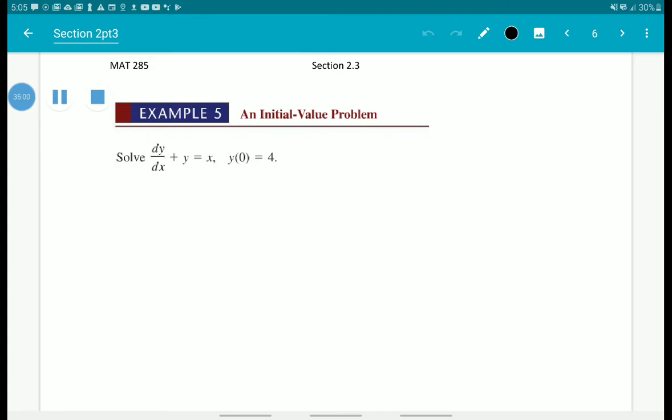So let's do an initial value problem. This is going to allow us to find that C value. So we're getting a particular solution here. Okay, notice this is already written in standard form or proper form because we've got a 1 in front of that dy over dx. So we're going to start by finding the integrating factor.